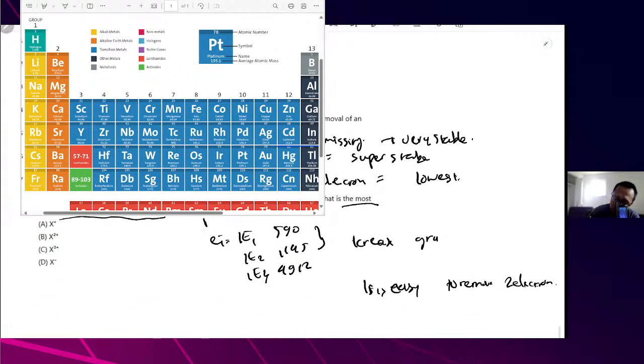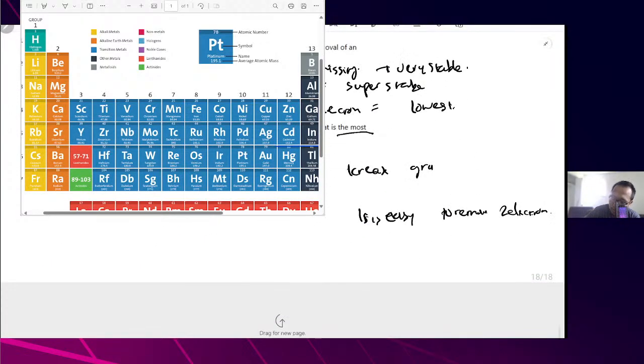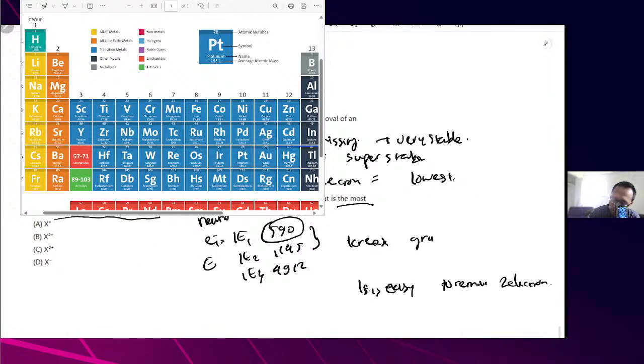So this is neutral, and then taking out electron 1 needs this energy, and then electron 2 needs this energy, and then electron 3 needs a much higher energy.